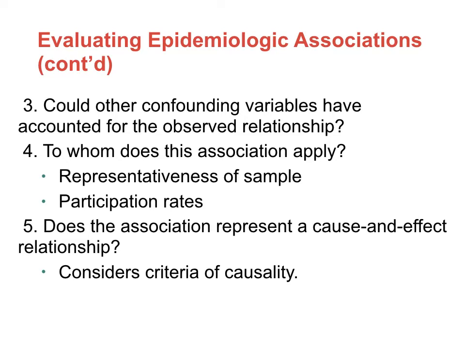If we didn't actually get a representative sample, we can't make those inferences or generalizations, as well as participation rates. And then the fifth question is, does the association represent a cause and effect relationship?